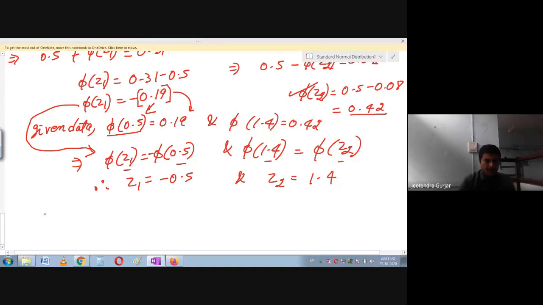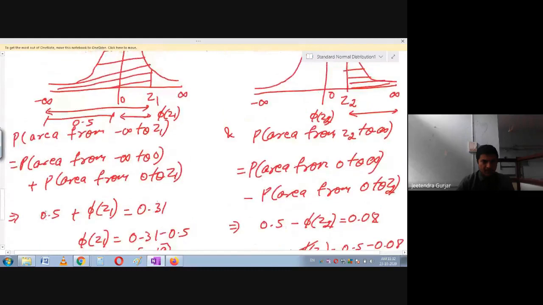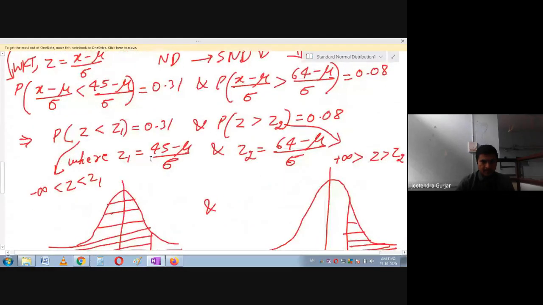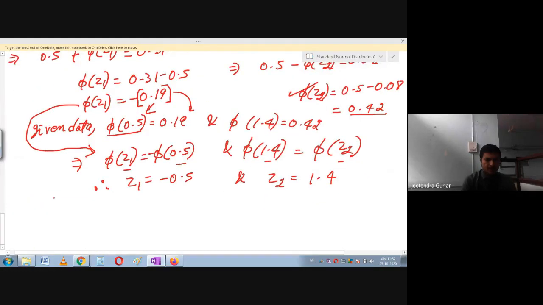Now you can see I have calculated z1 and z2. So you remember what z1 and z2 are? Yes. z1 is equal to 45 minus mu divided by sigma, and z2 is nothing but 64 minus mu divided by sigma.